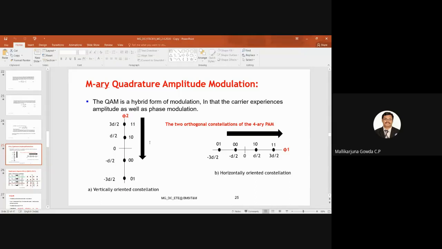From top down, this arrow indicates multiply these two matrices. I think I will show that multiplication. First, I have written 2 constellations for L array PAM, where the value of L is 4 array PAM, vertical and horizontal. Let me show how we construct the constellation diagram for this.